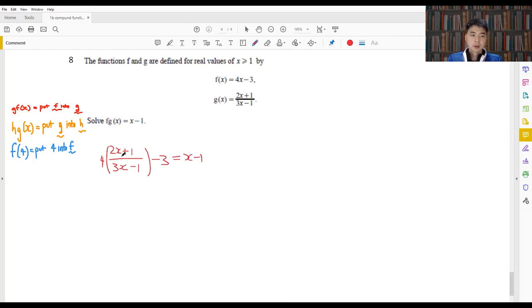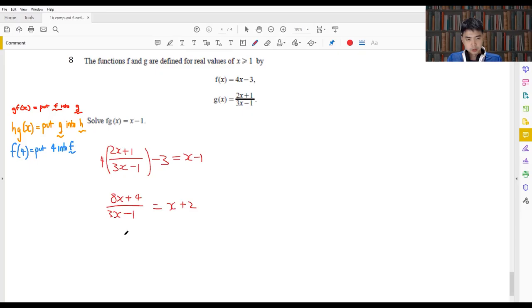Okay, expanding the bracket here and bring minus 3 to the right hand side, 8x plus 4 over 3x minus 1, bring 3 to the right, is equals to x minus 1 plus 3, which is x plus 2. Okay, minus 1 plus 3, because you bring the negative 3 to this side, becomes plus 2.